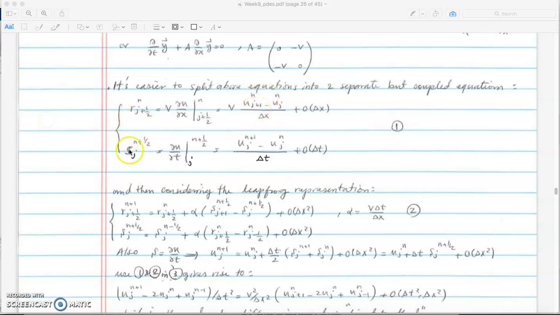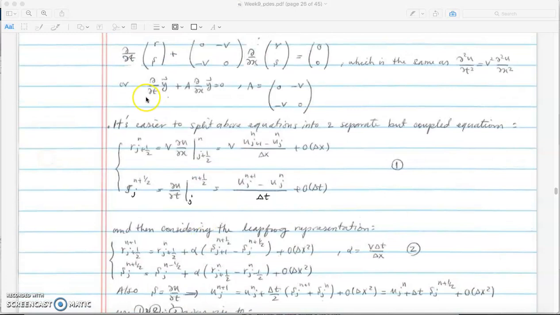Now we can use these two in, let's say, the second equation here, which is the Leapfrog version of the second equation here.